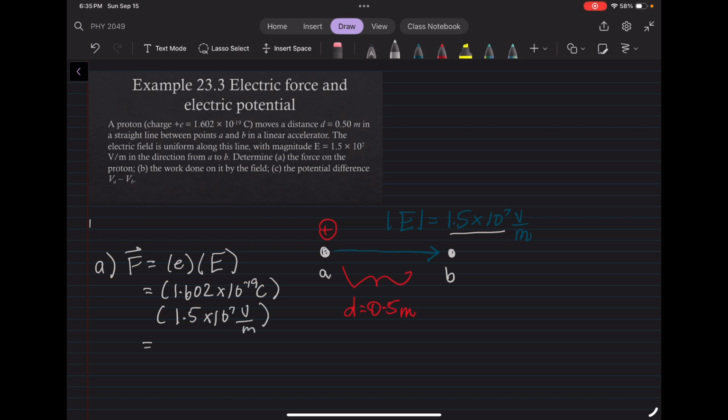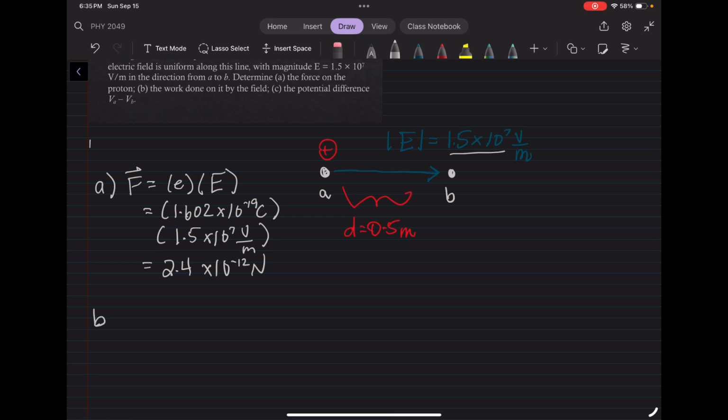That gets us a value of 2.4 times 10 to the minus 12 newtons, okay? A small force.